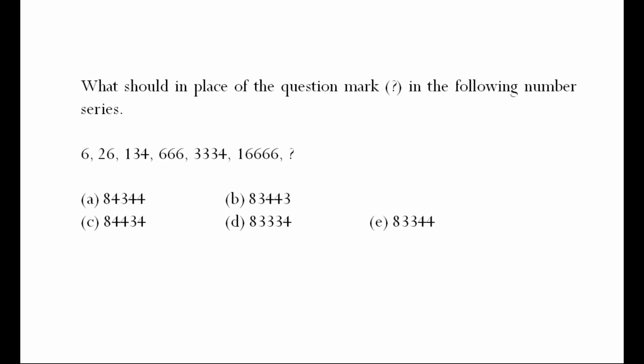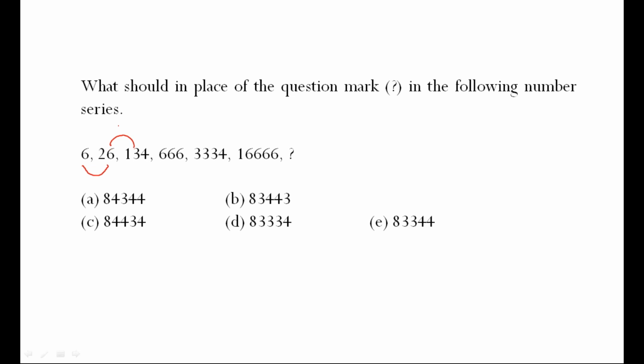Yeah, this question I want to discuss for sure. See this question, friends. 6, 26, 134, 666, 3,334, 16,666. What is the next one? Now here, if you observe, you may find some difficult logic.